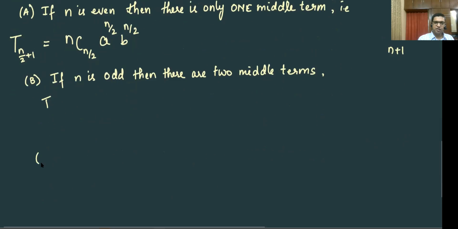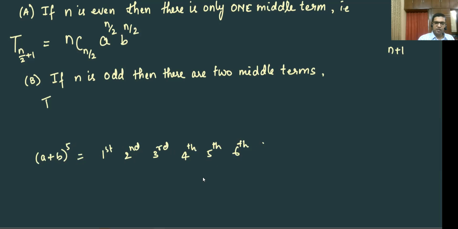For example, a plus b whole power 5 will have 6 terms: first, second, third, fourth, fifth, sixth. Now n by 2 will be the third term. And actually n by 2 is 2.5.